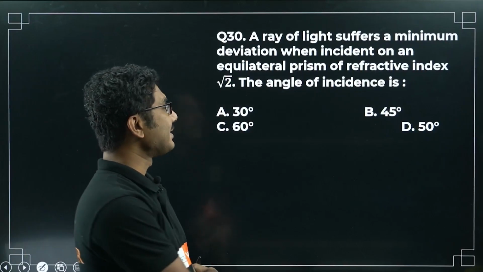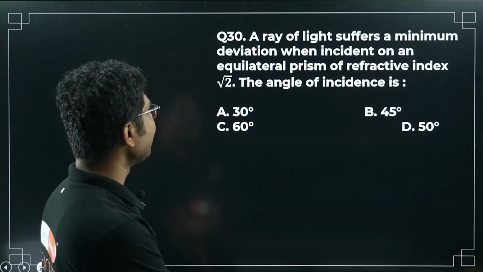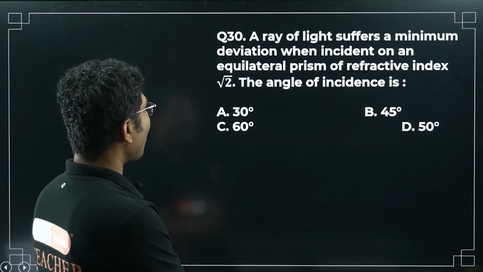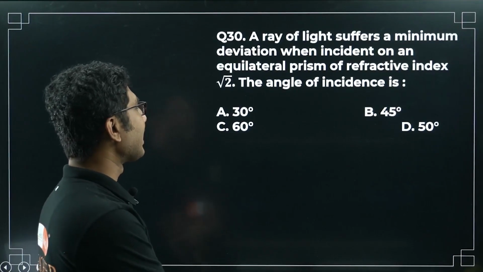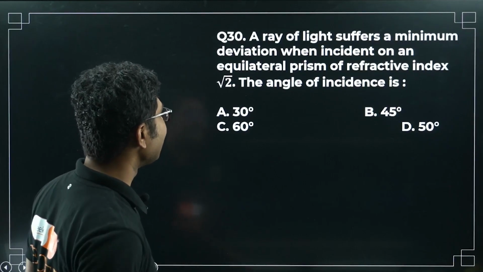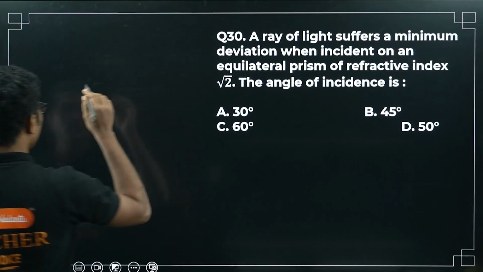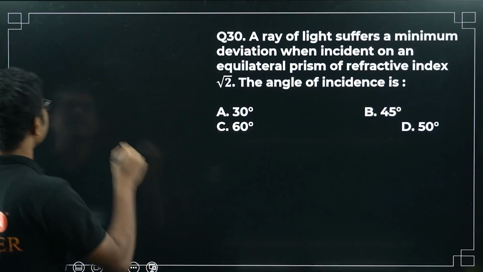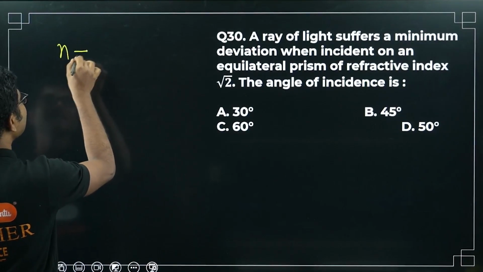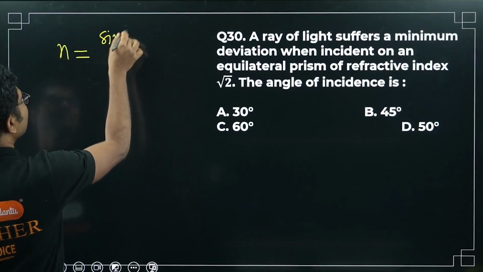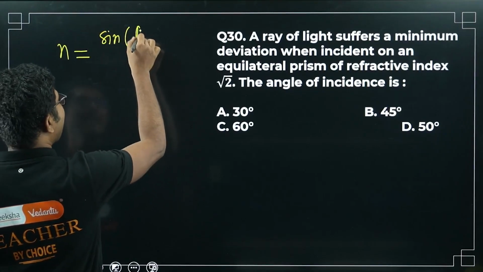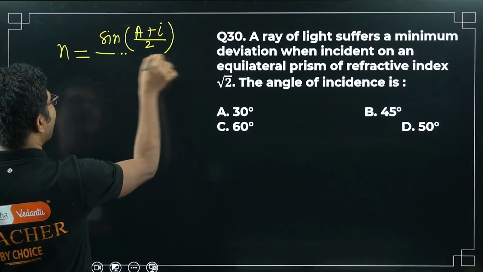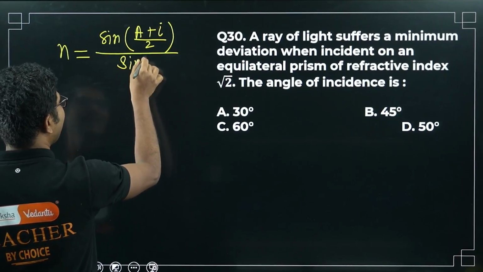A ray of light suffers a minimum deviation when incident on an equilateral prism of refractive index √2. The angle of incidence is? Now what is the relationship between different angles in case of minimum deviation? We know that the refractive index is given by sine of (A plus angle of incidence) divided by 2, divided by sine A by 2.